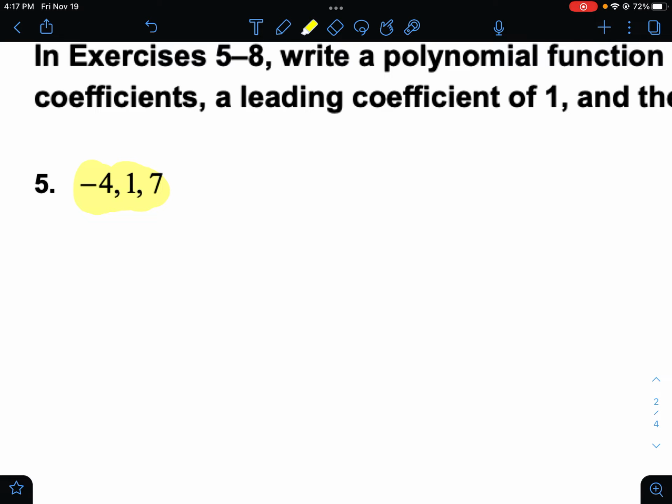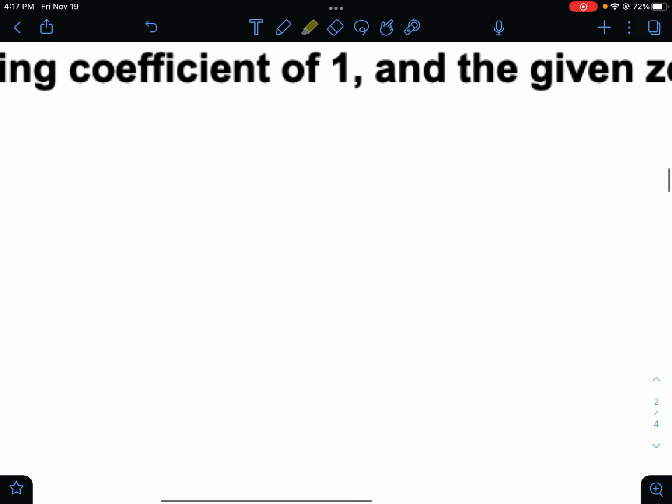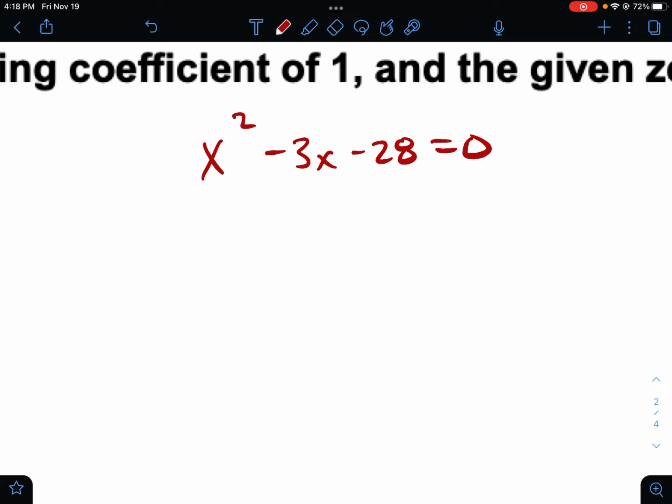is in order to go backwards, you kind of have to remember how you go forwards. So what I did in class was I kind of just had kids remember when you were factoring a quadratic like something like this. So if I wanted to factor a quadratic like this, I do my a times my c, that's -28.